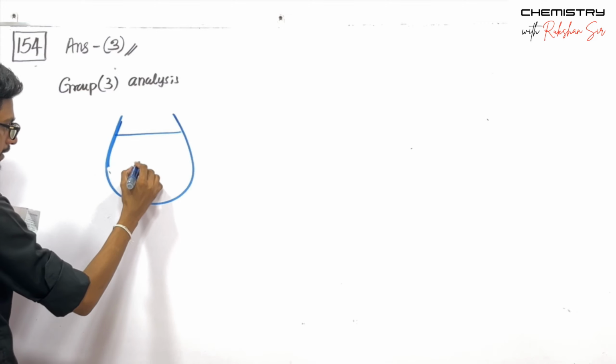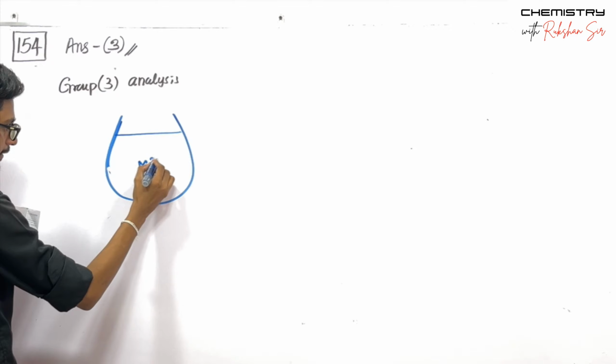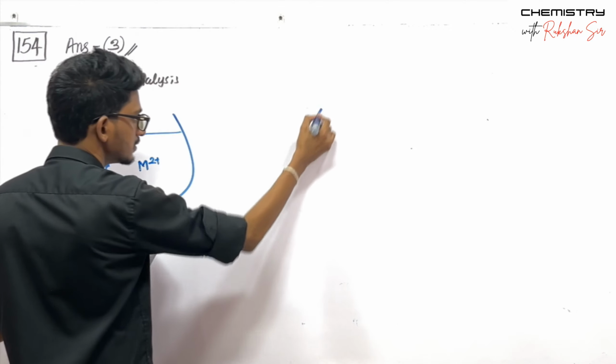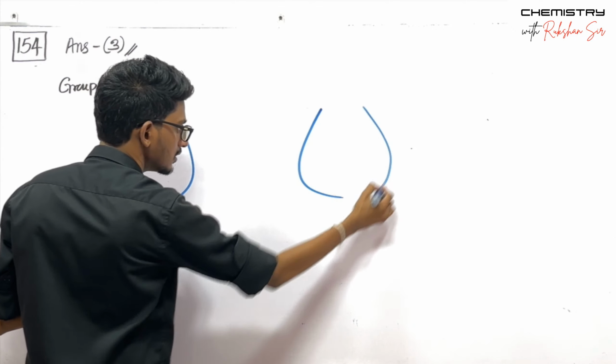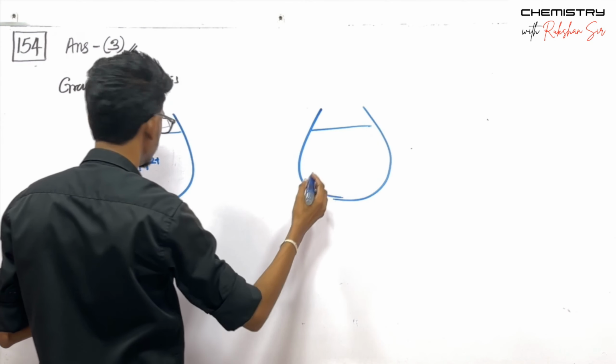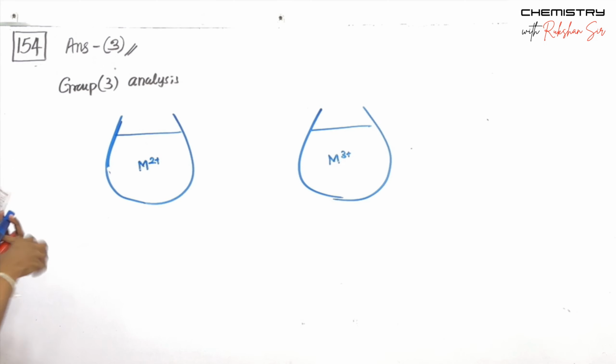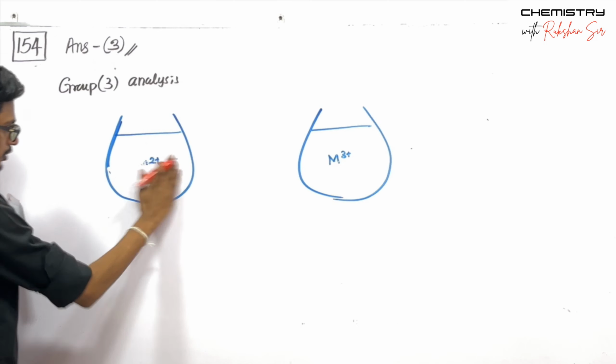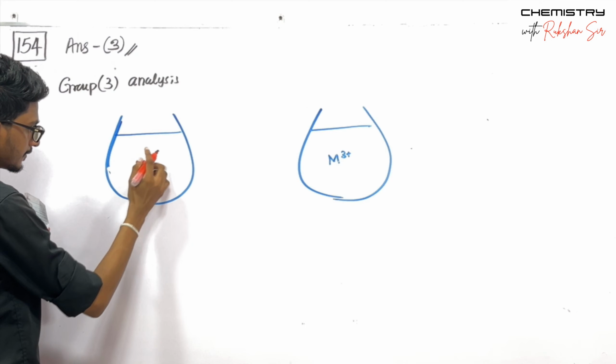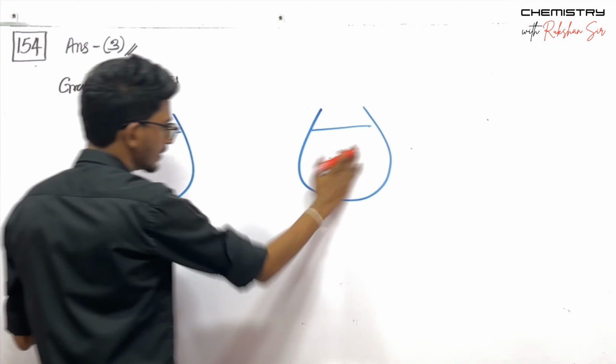You have a 2 plus cation here, and a 3 plus cation here.